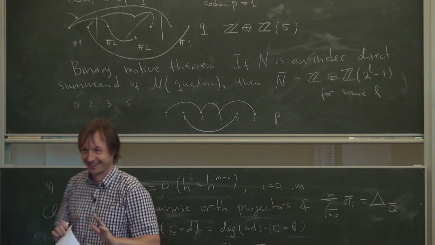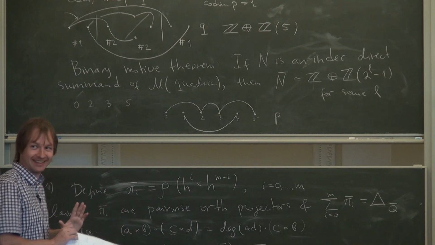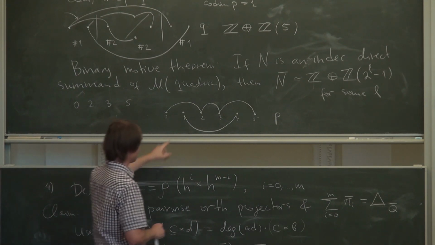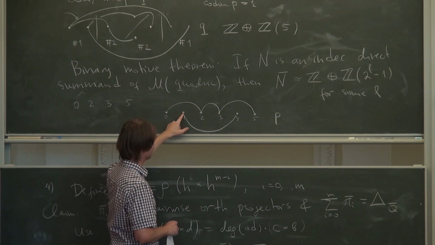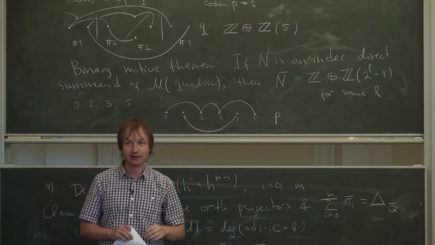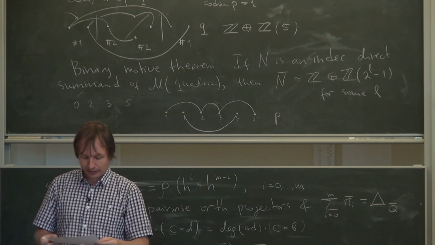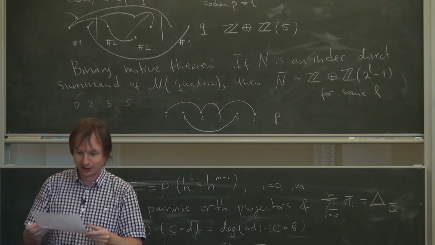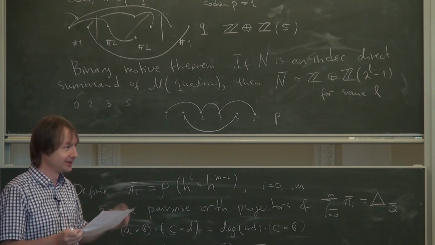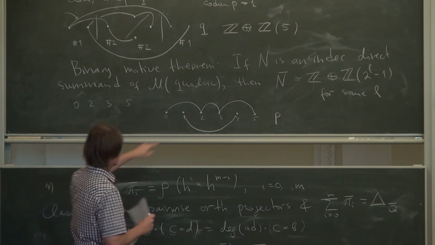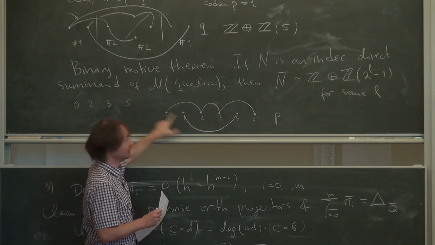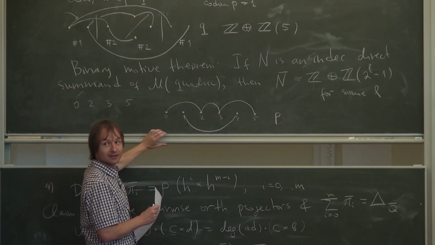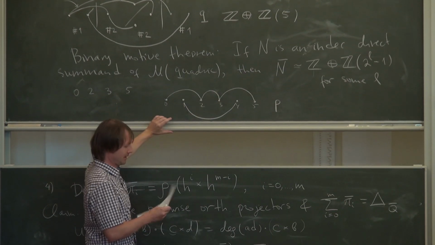Not yet. It's not so easy. But we proved something interesting, that here in the middle there is this binary summand. And we will use it very soon. So precisely this one, not the outer one, but the inner one.